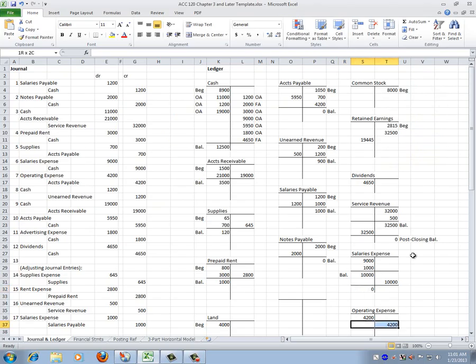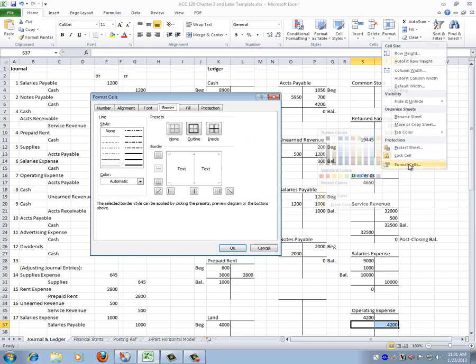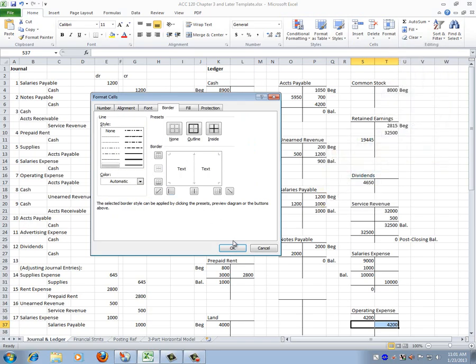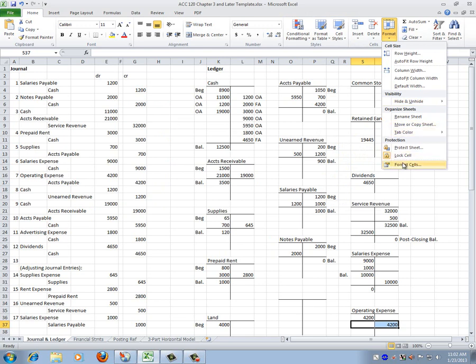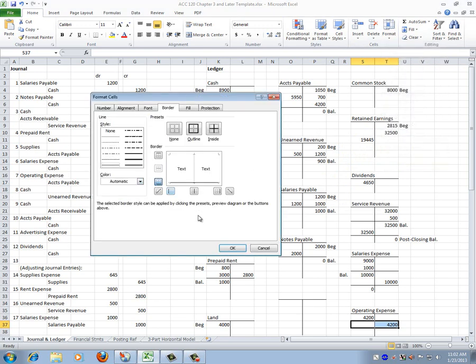I don't really have room on that left side right at the moment. To reiterate, that is the post-closing balance, but that is what it is. Okay. Give me a line, thank you.